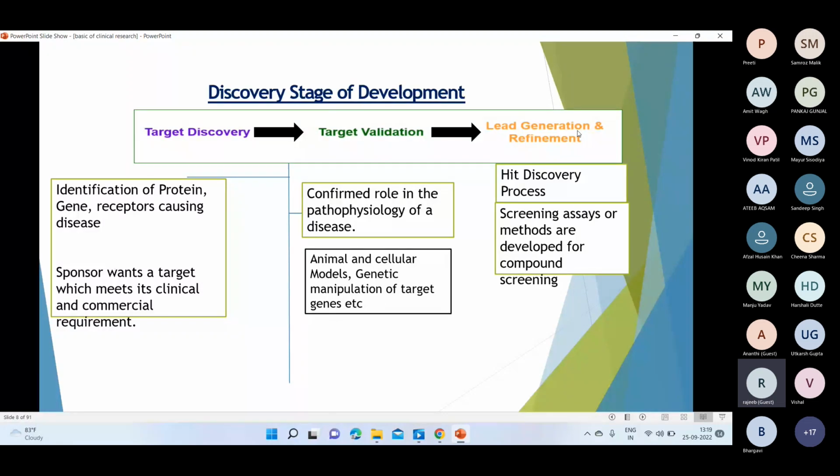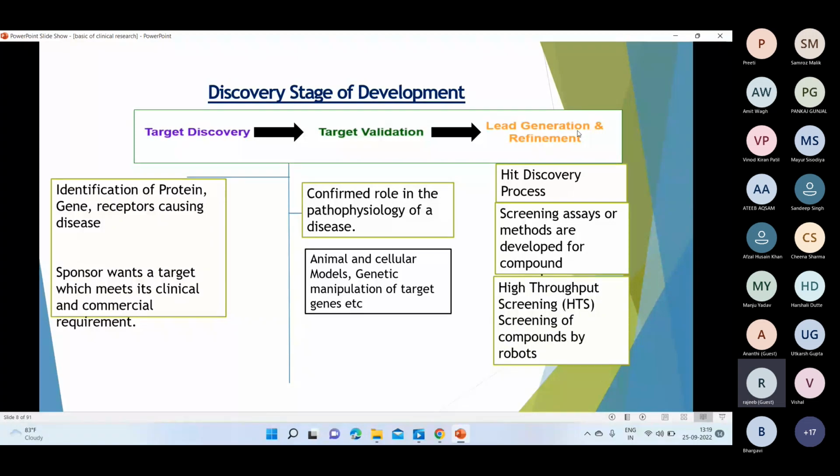We will develop many methods to screen those molecules. Nowadays in labs, for example CSIR or ICMR labs, we have a robotic process called high throughput screening, in which thousands of molecules can be screened altogether.